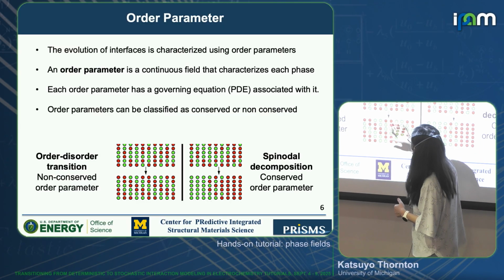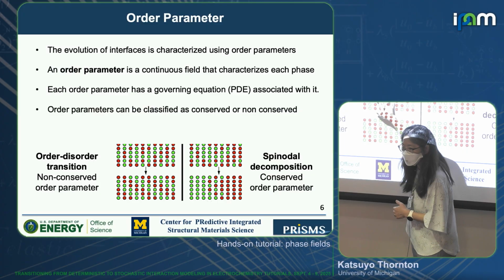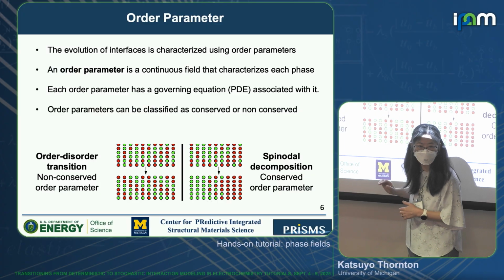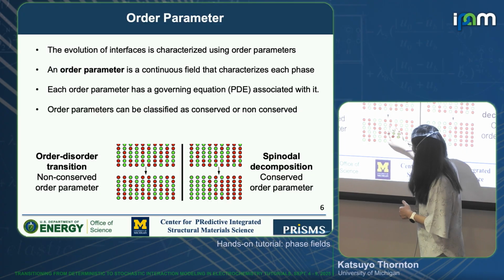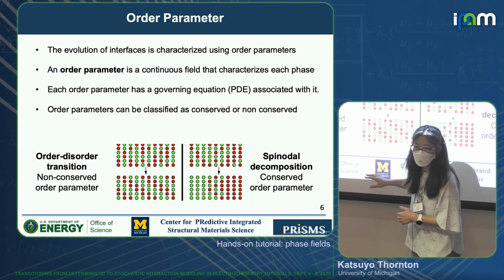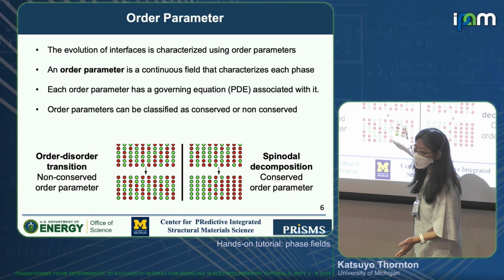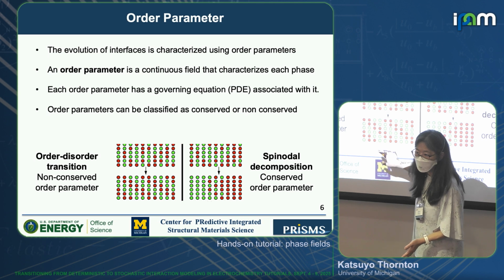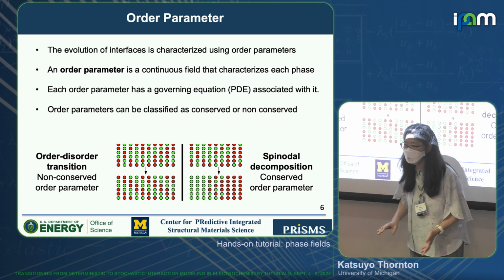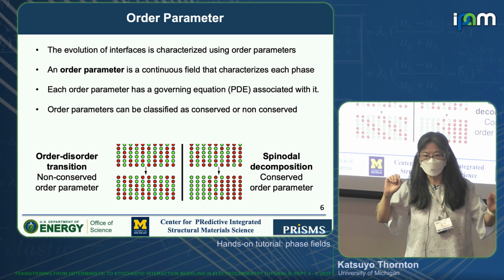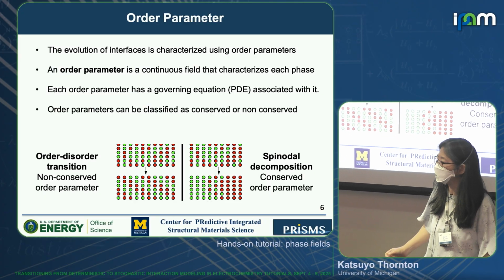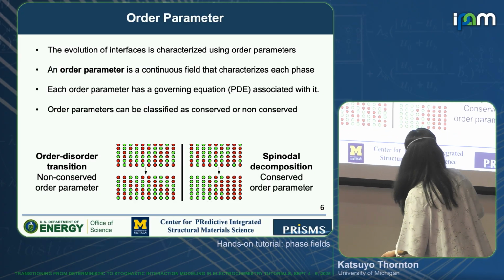Here, they are randomly blended, whereas here there is a pattern. But overall, the average composition is not changing. So this transition can happen without worrying about something needing to diffuse long range.